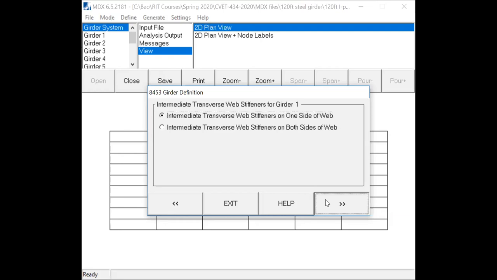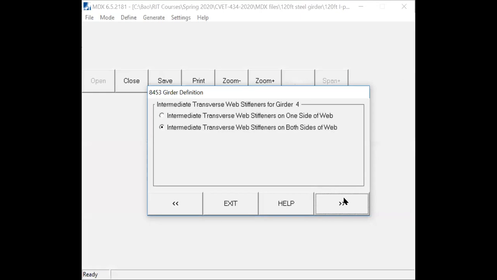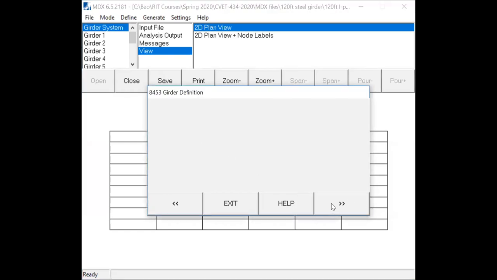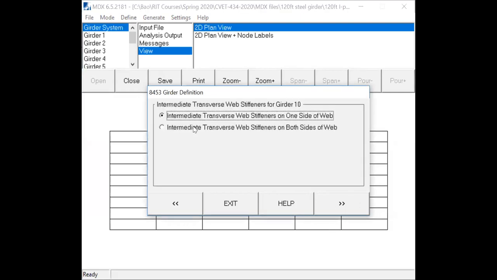And next, for girder 2, we have both sides, because on both sides we need that gusset plate to connect the cross frame. Girder 3, 2 sides. So all the interior girders are 2 sides. Just keep doing that, 2 sides, both sides. Then girder 10 is only one side because girder 10 is also an exterior girder.